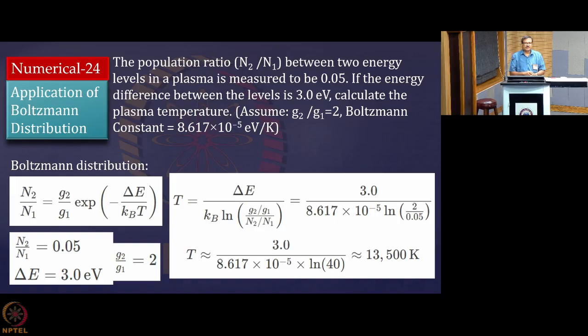So you just see that from this simple relationship you are able to estimate the temperature of the plasma. But experimentalists have to look into many other things. Just from a single data point it may not be correct to conclude on the temperature.